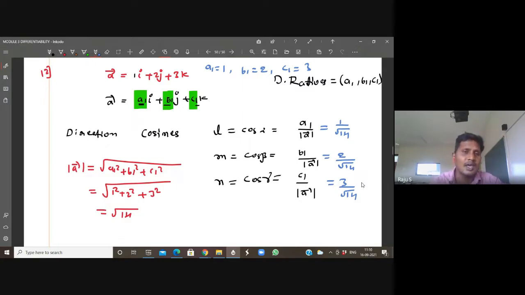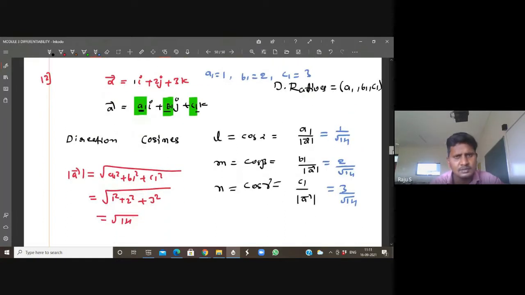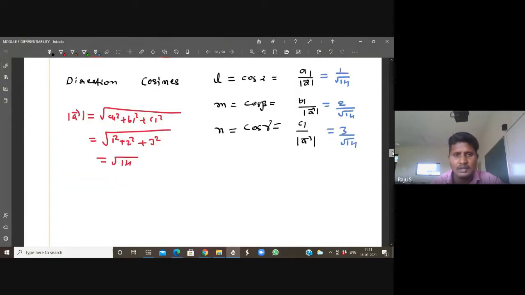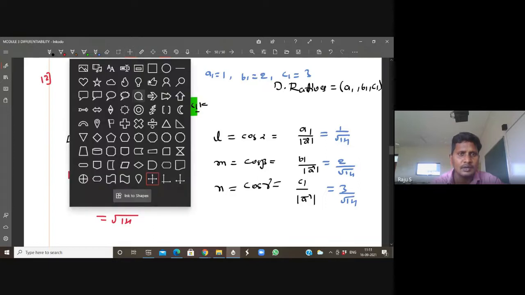The given coefficients of i, j, k are the scalar components or direction ratios directly, but these are the direction cosines. Right, these are the direction cosines. Got it? Scalar component by magnitude of the given vector.